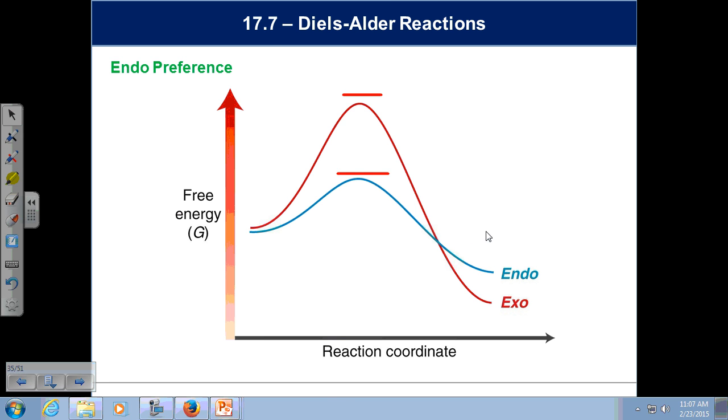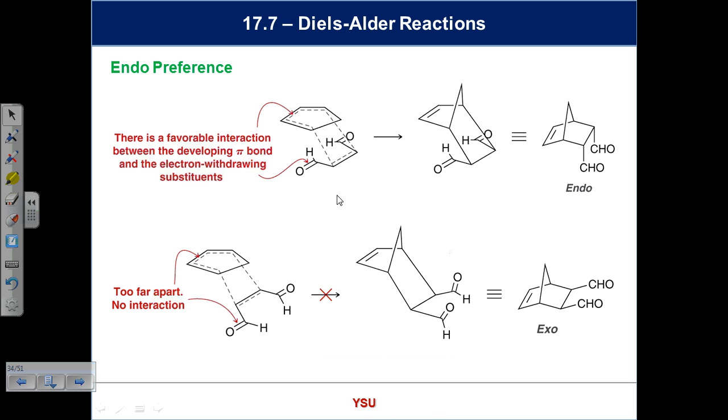Now, in these pictures we can see two orientations in which the diene is lining up either on top of the alkene or to the side of the alkene. That's the difference. It's simply the way they've approached each other in different directions.